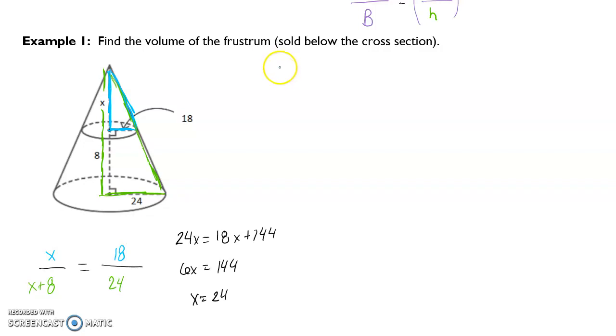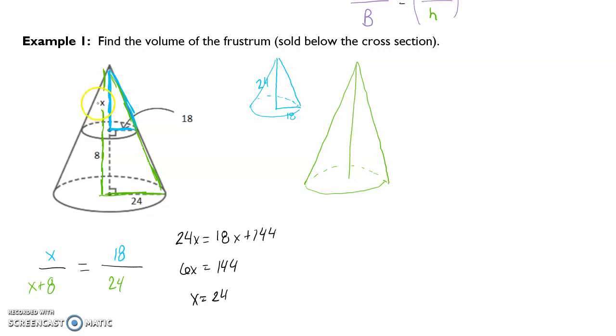Now, if I draw these out separately just to kind of help us out, I know this has a height of 24 and a radius of 18 for this cone. And I have my other cone, which, if I try to draw that out separately, has an altitude of 24 plus 8 and a radius of 24.